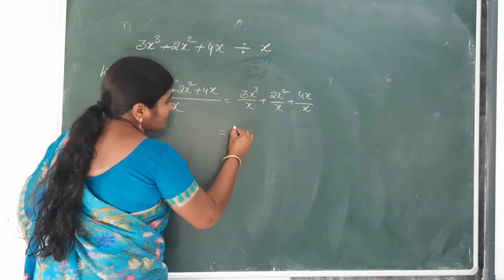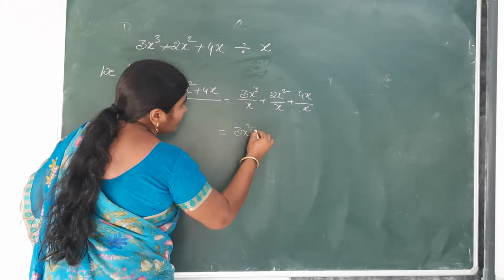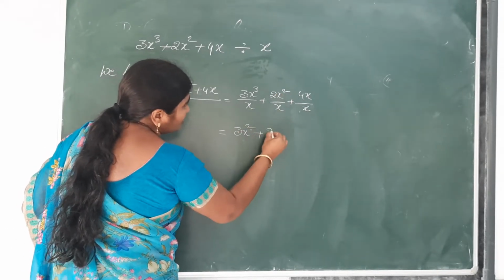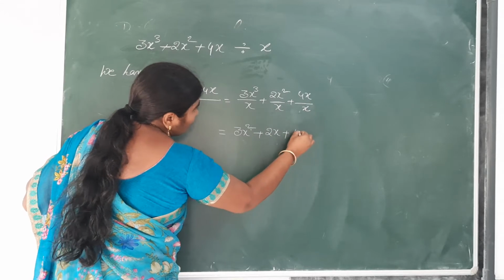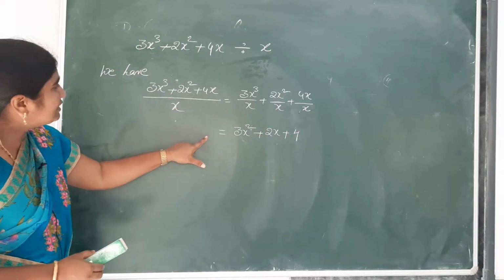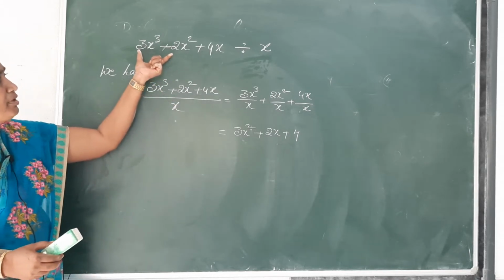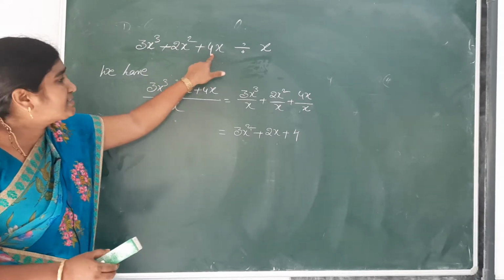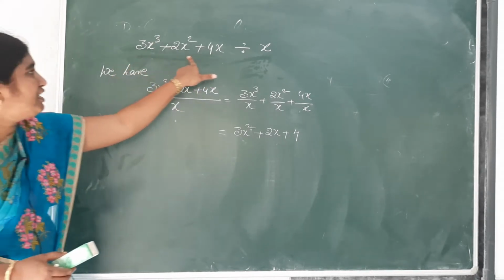Here x cancels, 3x square plus x cancels, 2x plus 4. We observe that x is a common factor of every term.